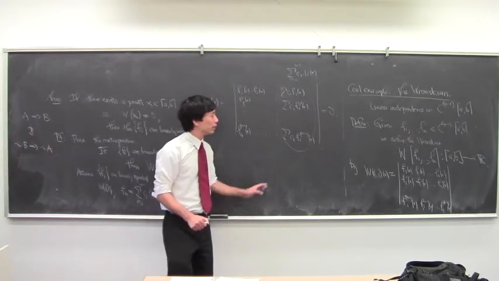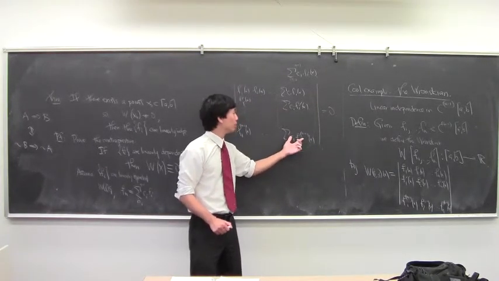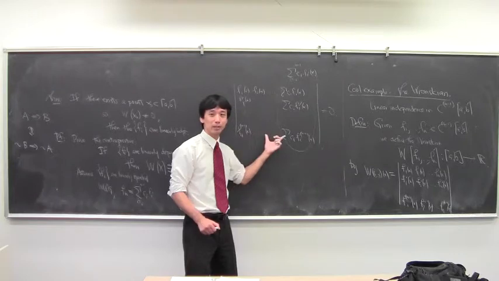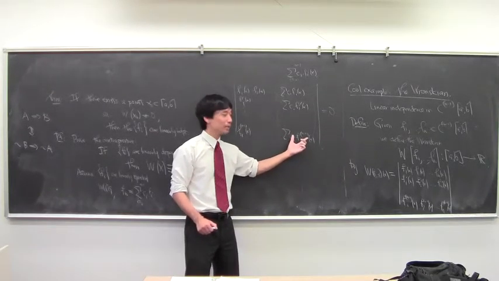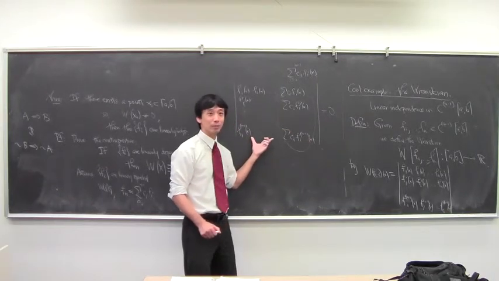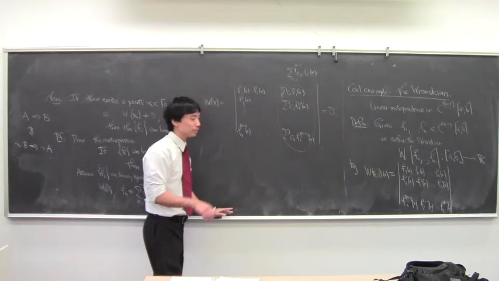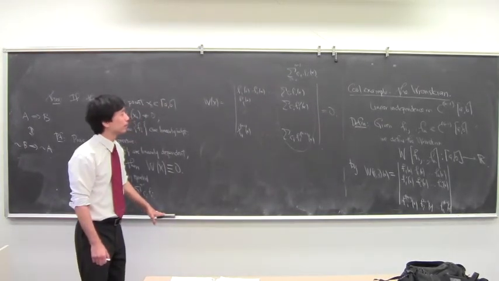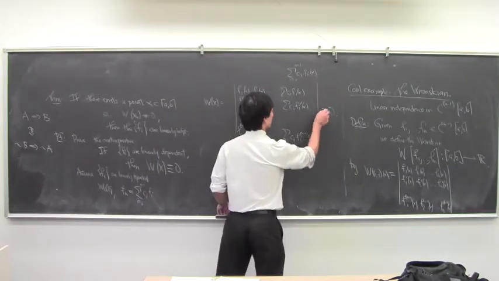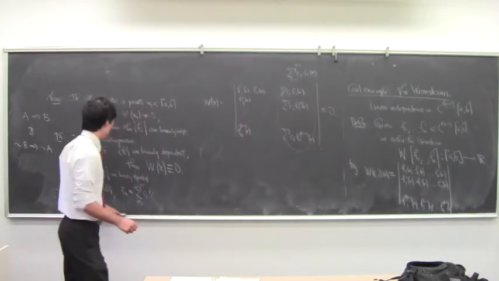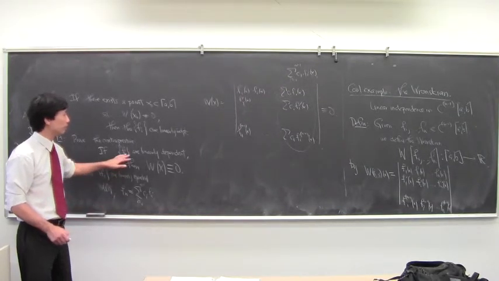Let me say it this way. If this last column were the same thing as the first column, then the determinant would be 0. The last column is a combination of the previous columns, so the determinant is 0. That's basically the argument. So the determinant is always equal to 0, and that's the end of the proof.